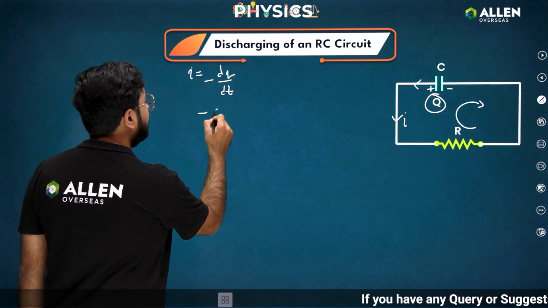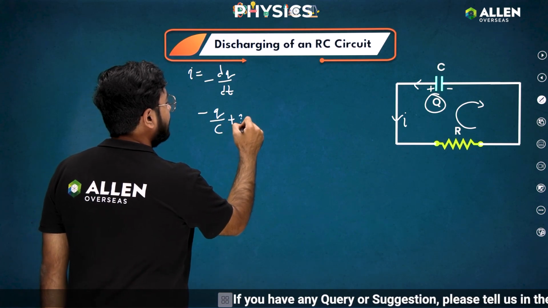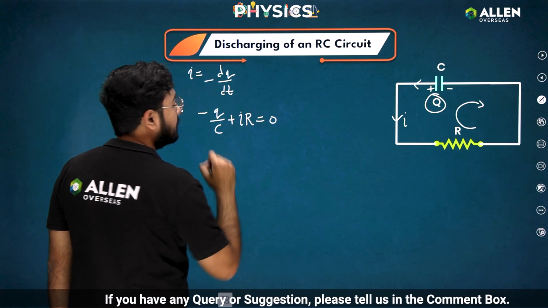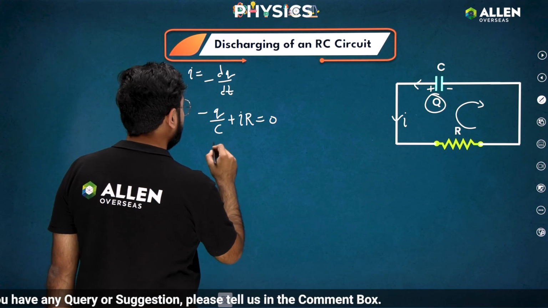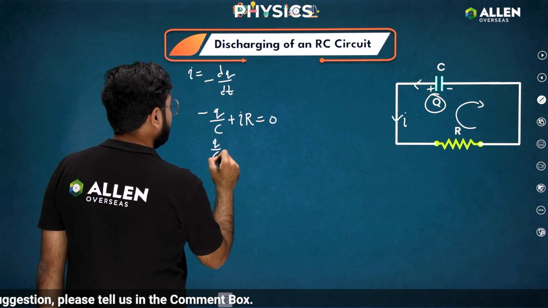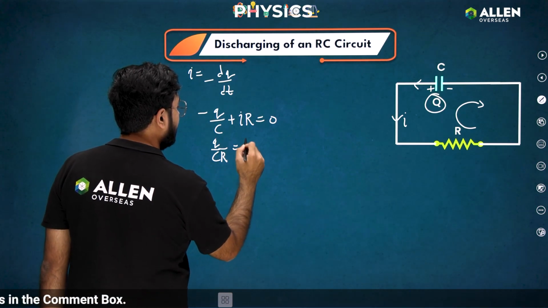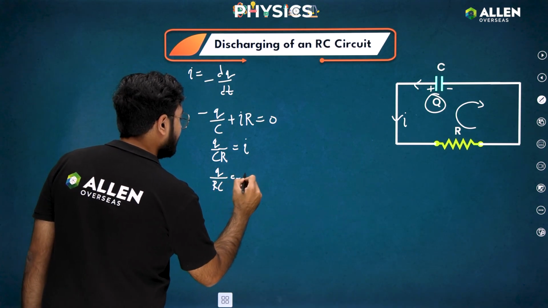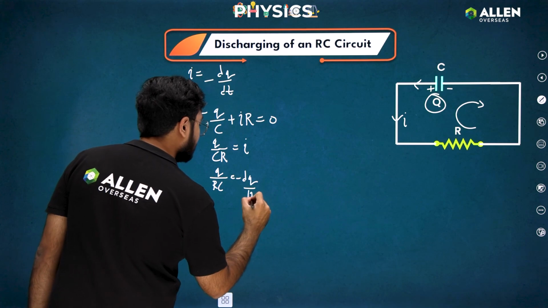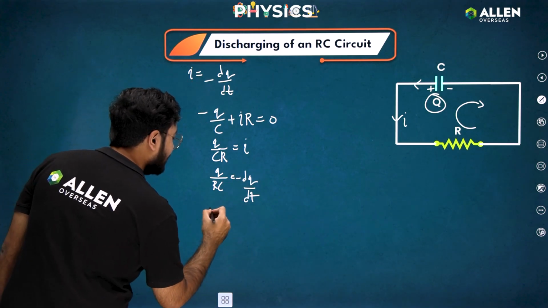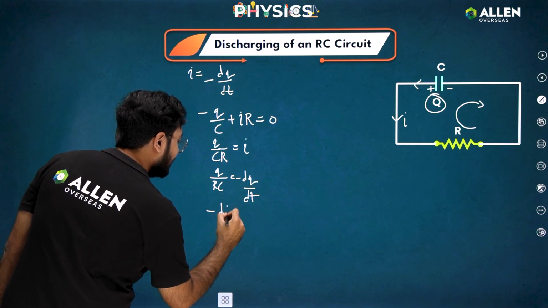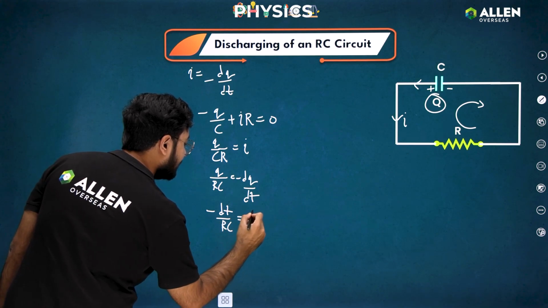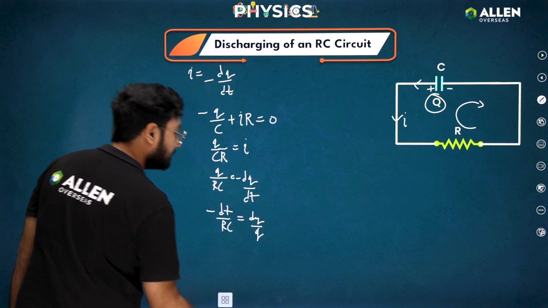Apply KVL. Minus q by c plus IR is equal to 0, right? So q by cR is equal to I. So q by RC is equal to minus dq by dt, right? Or minus dt by RC is equal to dq by q.